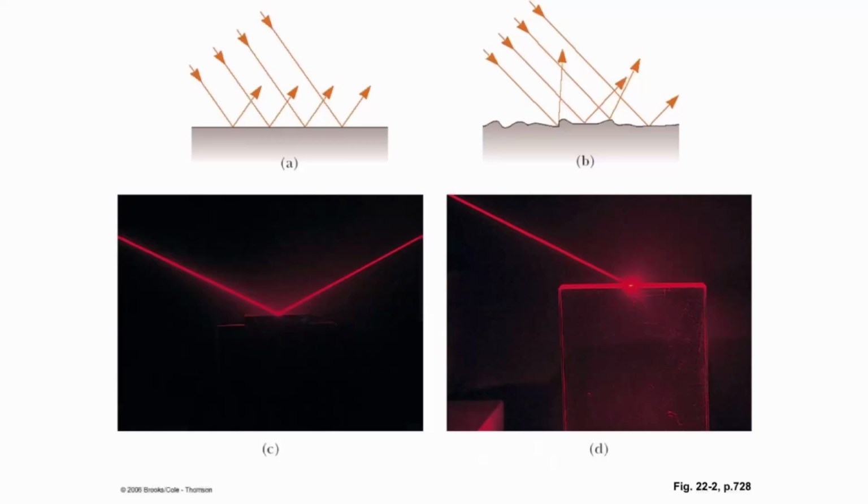The beam comes in but then kind of heads out in all directions. This comes down to surface roughness. If the surface is really rough like it is here on the right, the law of reflection will hold: angle in equals angle out. The problem is that the normal to the surface is not consistent here. Because of the roughness, you'll have parts that are pointing in all different directions.